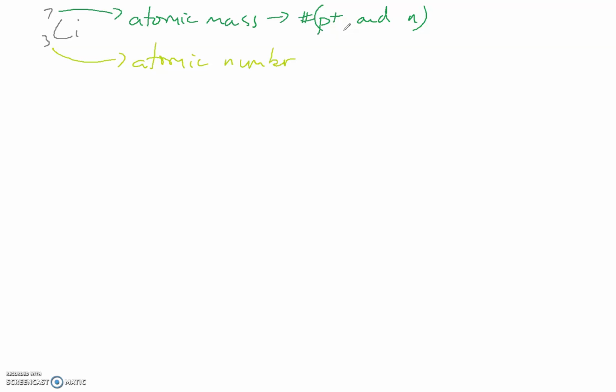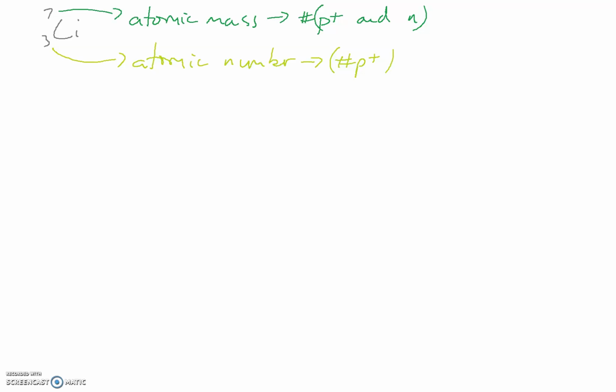Okay, so there's 7 things in the nucleus, and the atomic number tells you the number of protons. And this is just basic grade 9 science. So lithium's got 7 things in the nucleus, 3 of them are protons, so 4 of them would be neutrons. Okay, so we have that.